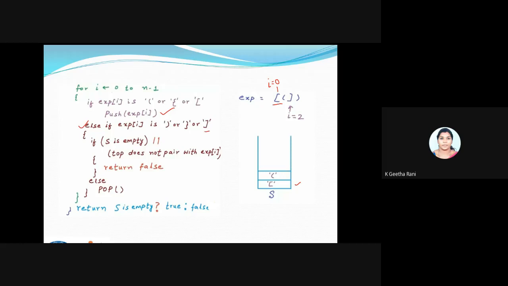Now I will check if it is empty. My stack is not empty. Here I'm having an or operation. You know what this or will do? Here I'm checking whether my top does not pair with exp of i. The bracket I'm having and the bracket I'm going to put, they don't pair at all.